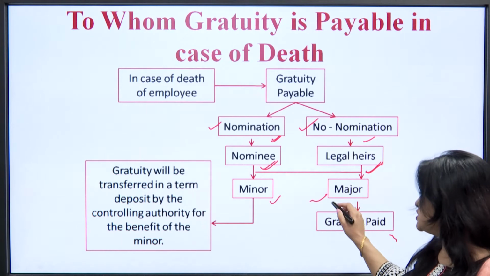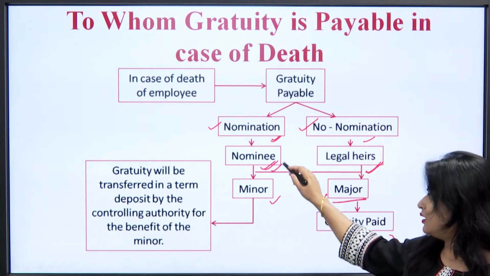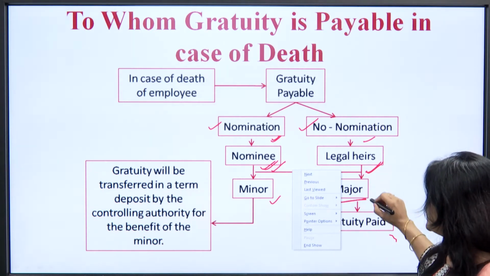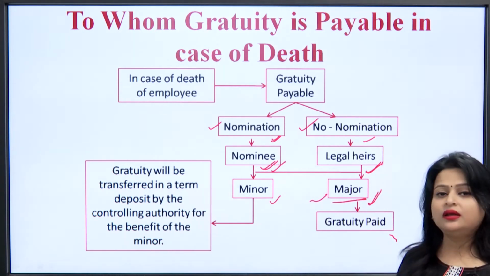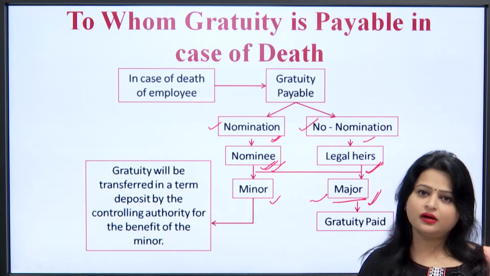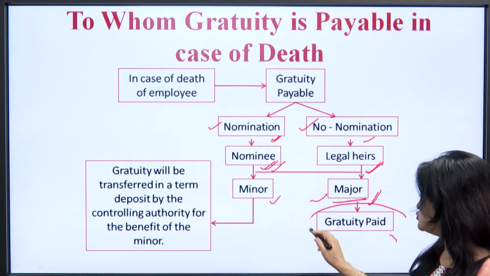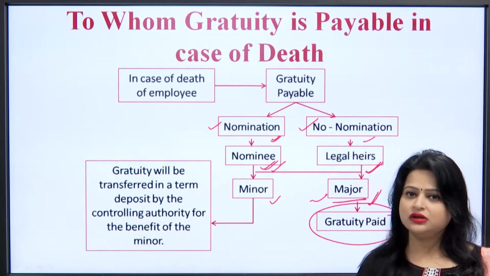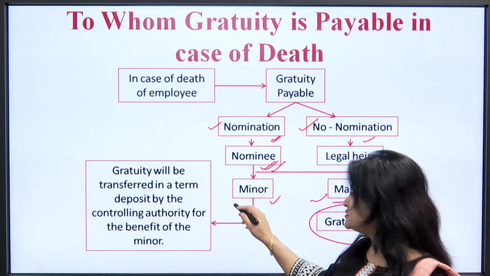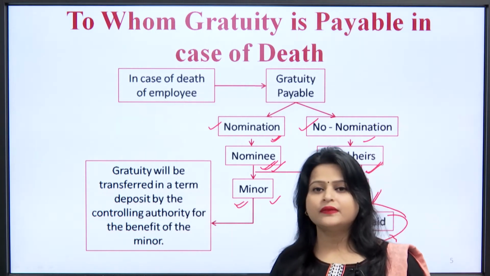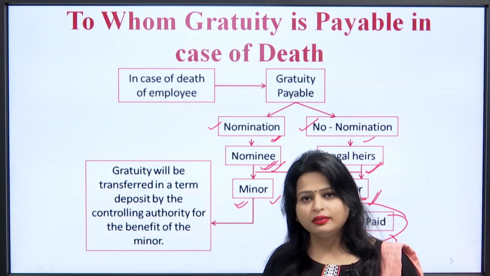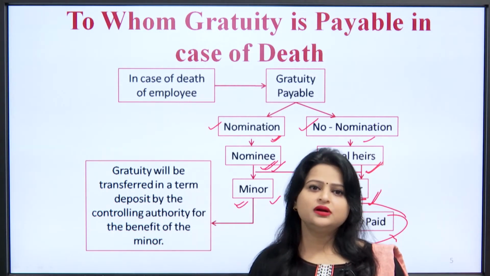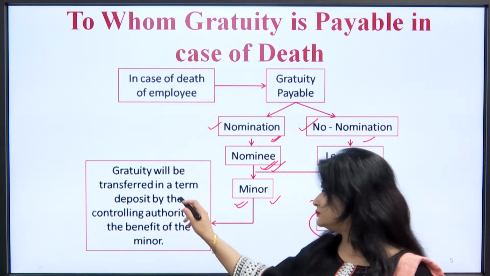If the person is major, either nominee or the legal heir, right? If the person is major, then he will receive the gratuity amount. The gratuity will be paid to that person who is major. In case the person is a minor, that means he is below 18 years, then what will happen? Gratuity will be transferred in a term deposit.